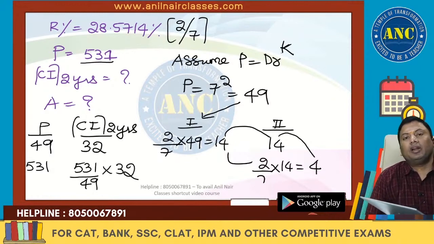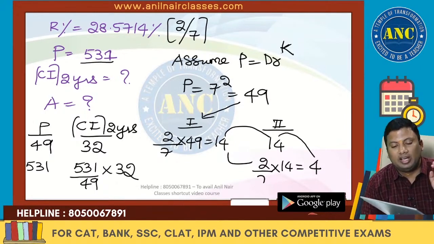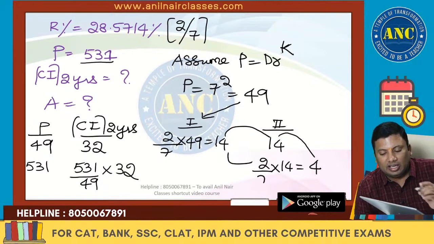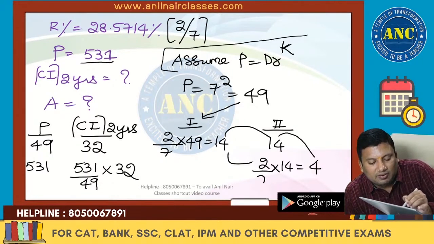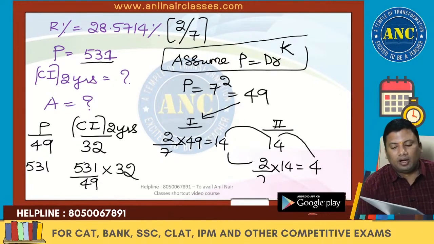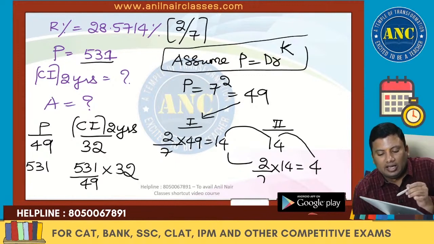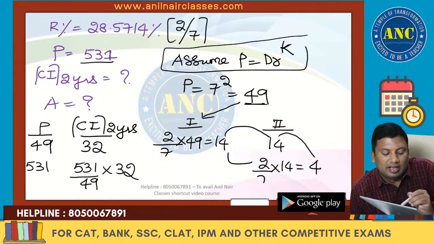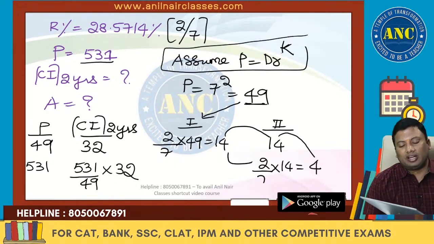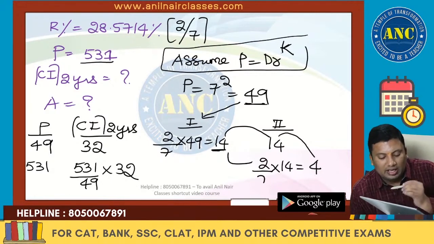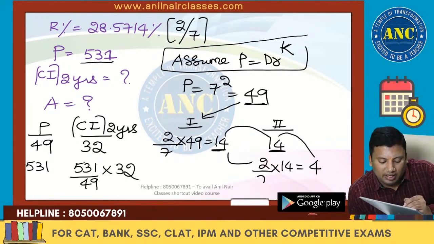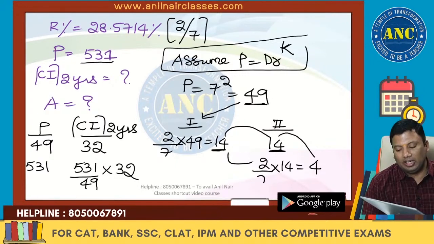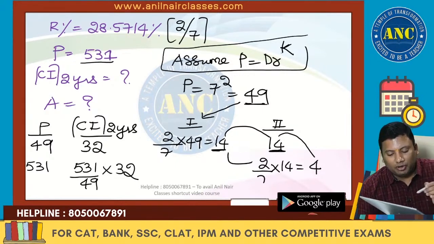If the principal is not a multiple of the denominator in R percentage, assume principal equivalent to denominator power k. 7 square is 49. First year 2 by 7 of 49, which is 14. Second year SI remains the same, 14.